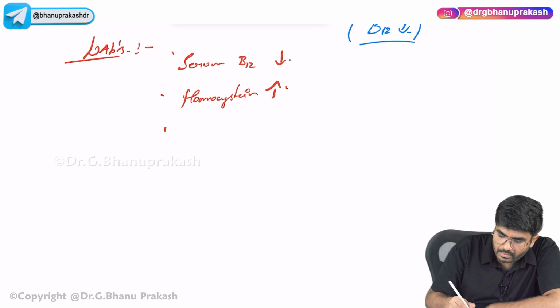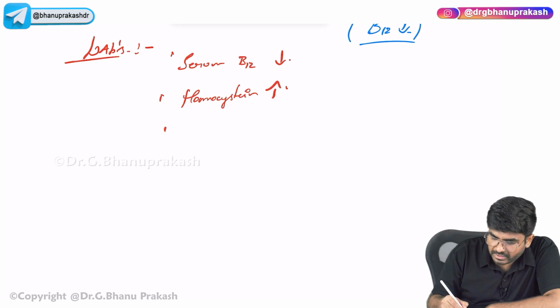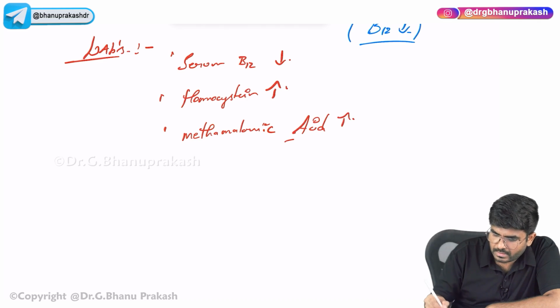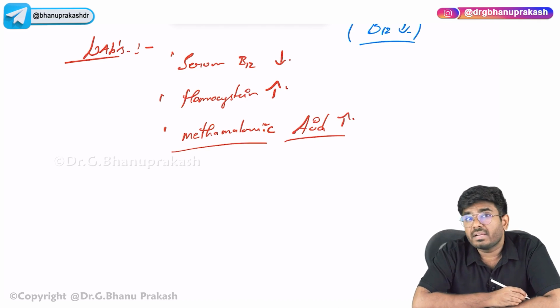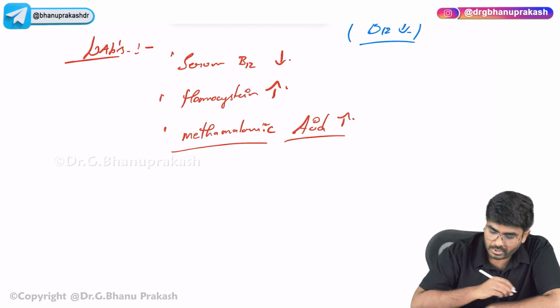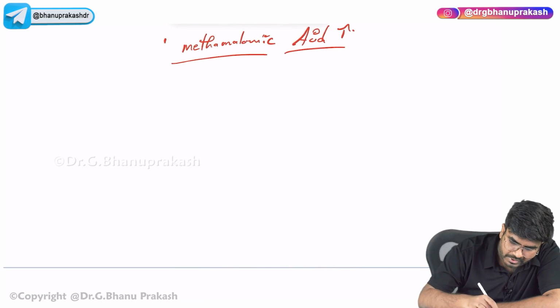Now here, in this condition, the methylmalonic acid levels are also elevated. But in folate deficiency, I have explained to you, methylmalonic acid levels are normal, but here they are elevated. Why? Because you need to convert the methylmalonic acid into succinyl CoA.